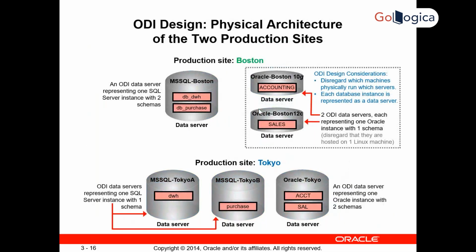In Boston, we have one SQL server with two database schemas: DWH and purchase. The DWH and purchase are in SQL Server, whereas accounting and sales are in Oracle. The accounting is in a 10c database, whereas sales is in a 12c database.